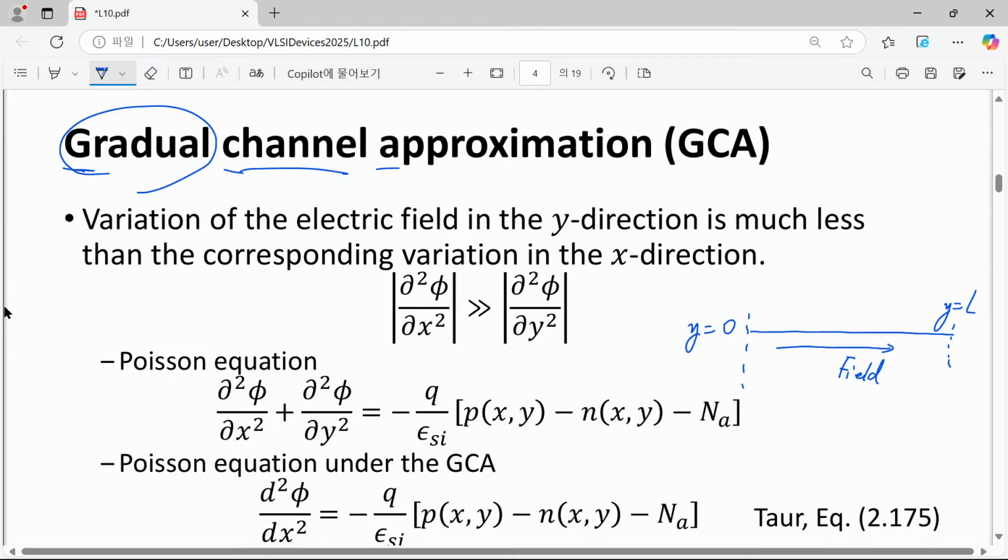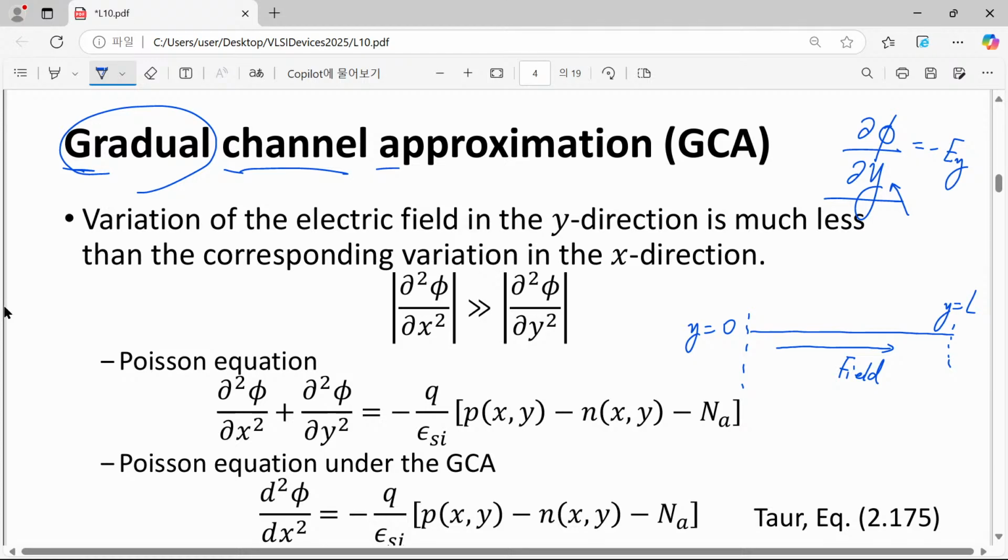So if we assume that potential is gradually changing, then taking its first-order derivative along this channel direction corresponds to the y-directional, or channel-directional, electric field.